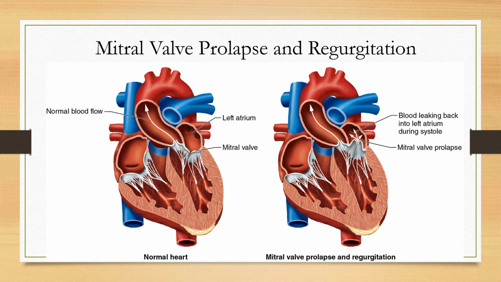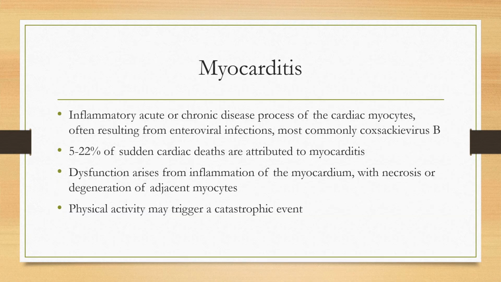So this is, you could hear a funny murmur. Once again, you can get those symptoms of shortness of breath, dizziness, near syncope. Myocarditis is that inflammatory, acute or chronic process of the cardiac myocytes, so the cardiac cells, often from viruses.